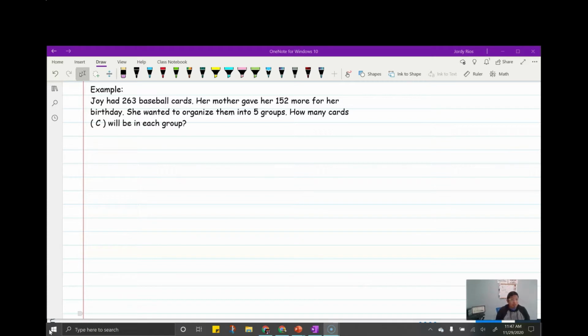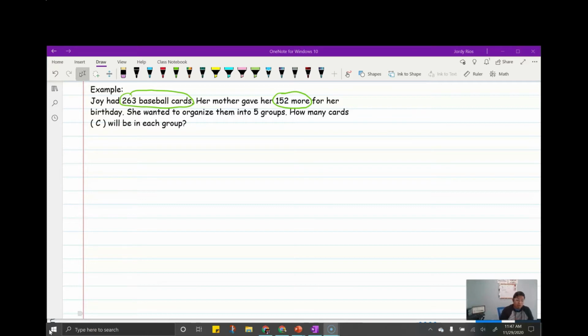Okay, so remember, we're not trying to solve it, we're trying to create a picture that goes along with it. So what do we know? Good, that she had 263 baseball cards. What else do we know? Good, that her mother gave her 152 more for her birthday. What else do we know?